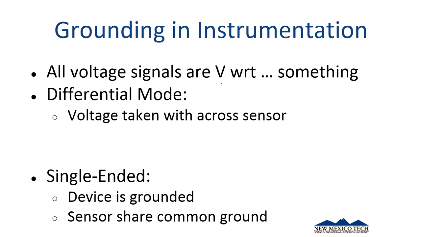Remember, all of our voltage signals are a voltage with respect to something else. And in a differential mode, it's basically the voltage across some sensor. In single-ended mode, we're assuming that all the sensors share the same ground.